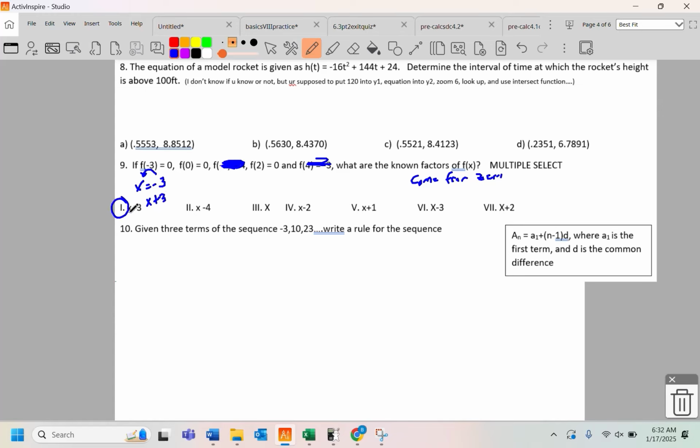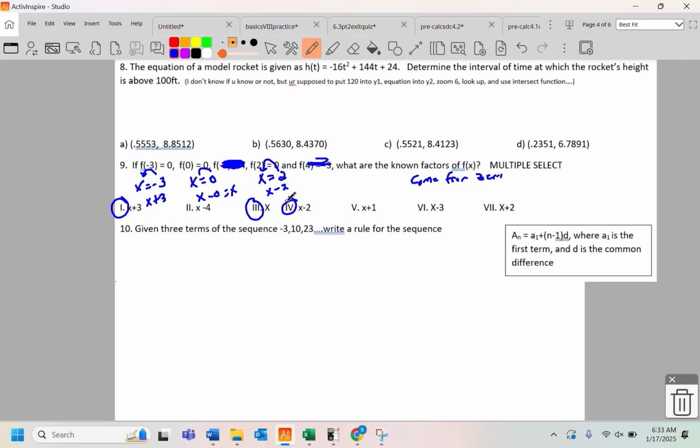See how I'm leaving parentheses and becoming a factor, and I'm changing signs? Now this one says x is 0. If I shift it to the left, I have x minus 0, which is just x. And this says x is 2. If I just shift it left, I have x minus 2. Like, that's supposed to be the easy question.